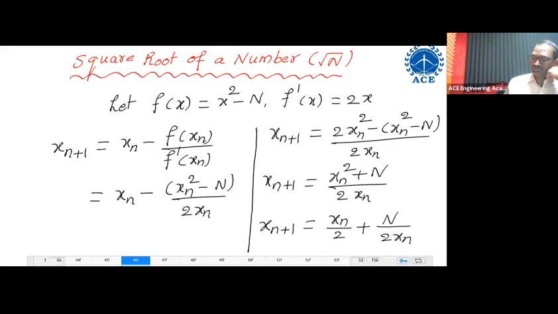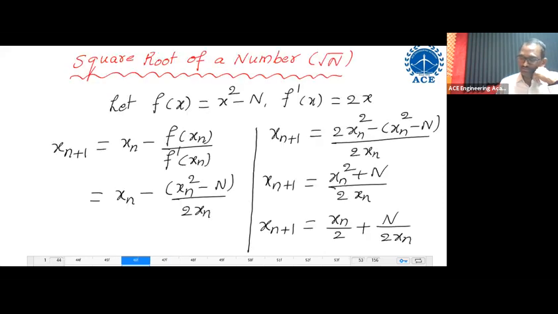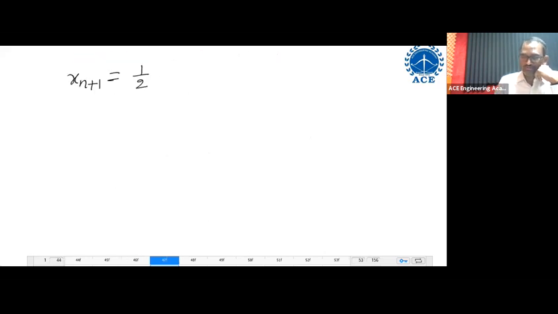What is the common factor? 1 by 2. So xn plus 1 is equal to 1 by 2 into xn plus capital N by xn. This is the iteration formula for the square root of a number.